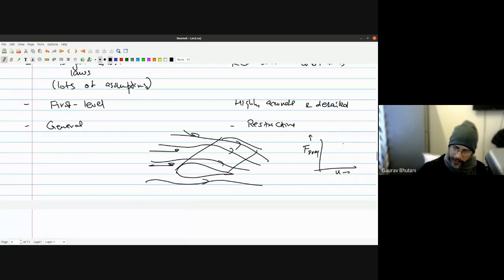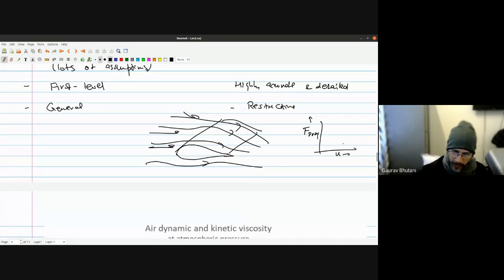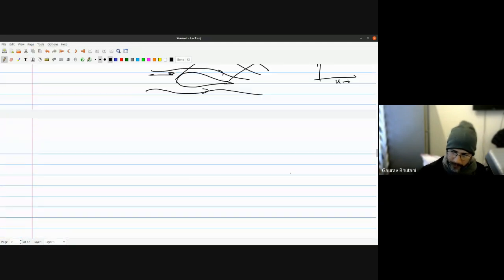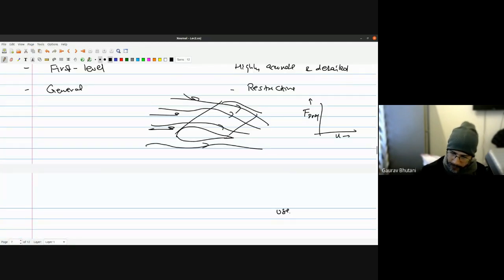So these experiments are useful for scaling ideas. We'll make a smaller setup, and the ideas of scaling that we learn will allow us to apply whatever learning we have got in terms of drag force, let's say with velocity, on a larger scale.